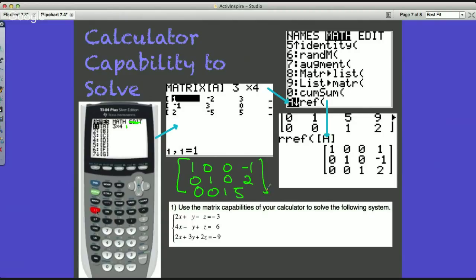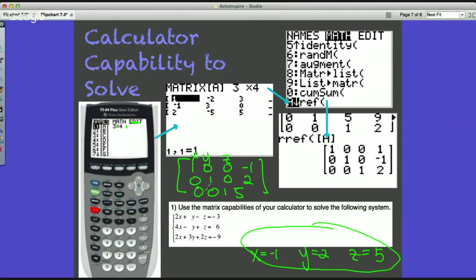Now I've got my x, y, and z variables, where x is equal to negative 1, y is equal to 2, and z is equal to 5. That allows us to find what x, y, and z are by using simple matrices to solve.